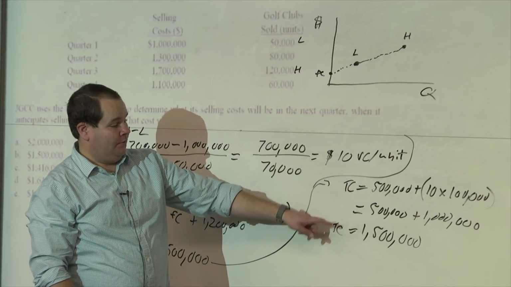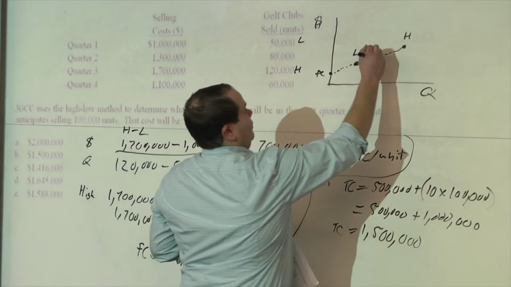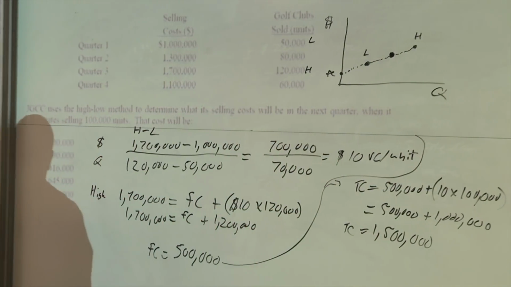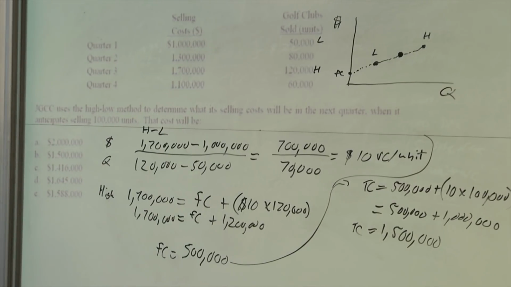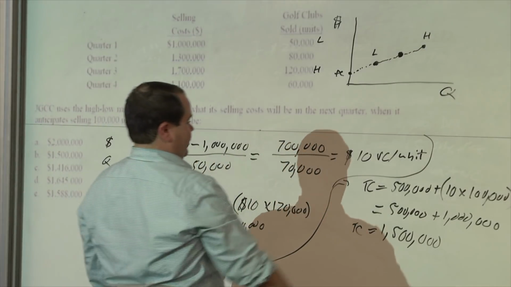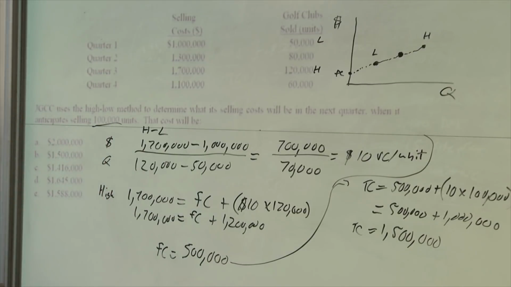So you're picking a time in the future, just 100,000, somewhere right in the middle. So next quarter, you're basically solving for that, and you're just using your equation. And now you know the fixed cost and the slope. Yeah. So the 100,000, they tell us next quarter they anticipate to sell 100,000 units.